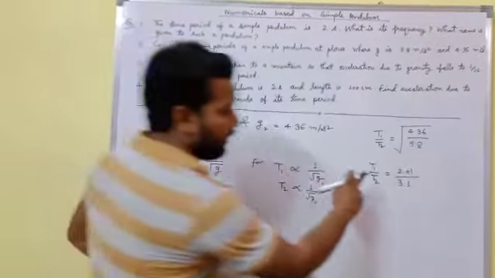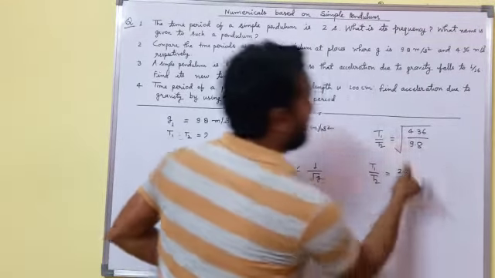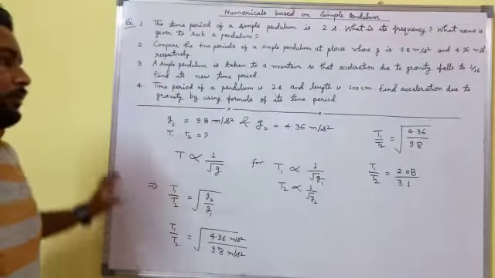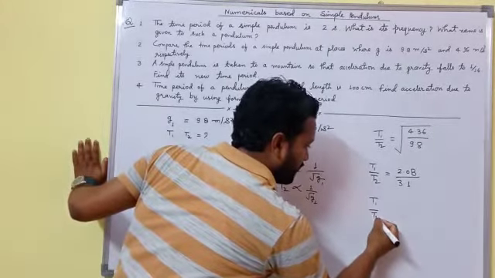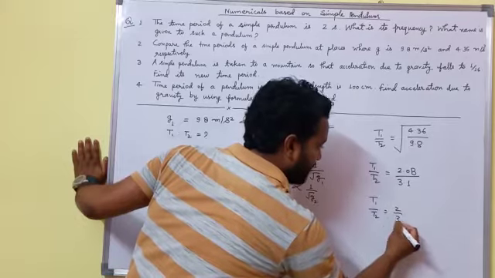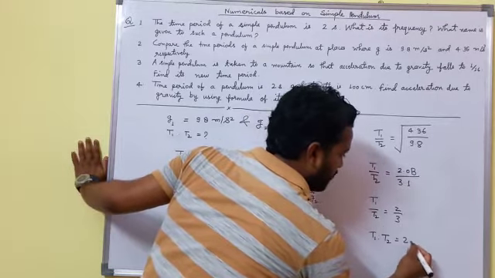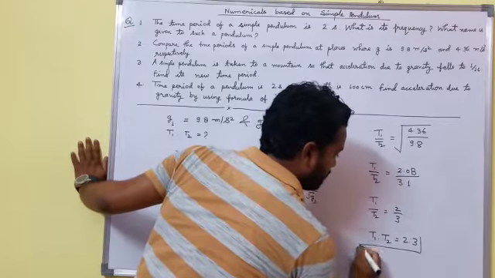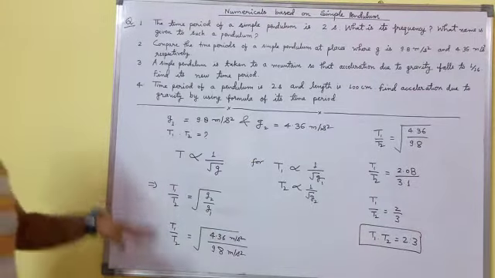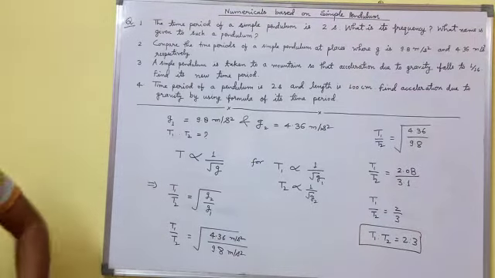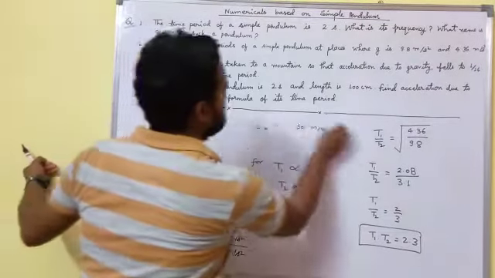Now we can write T1 upon T2 equals 2 by 3. It means T1 ratio T2 equals 2 ratio 3. So 2 is to 3 will be the ratio of time periods. Now third question.